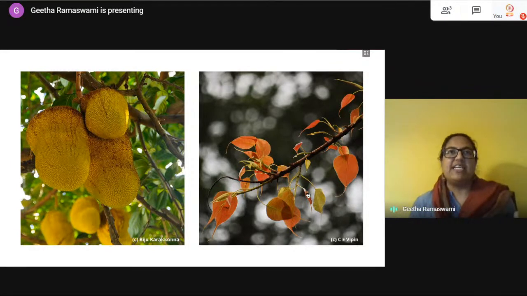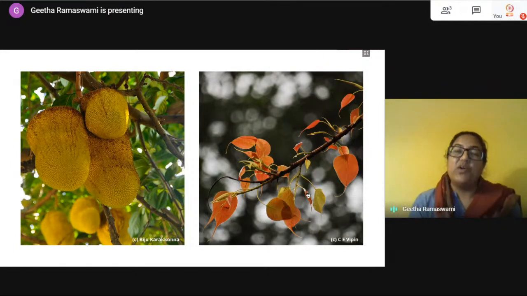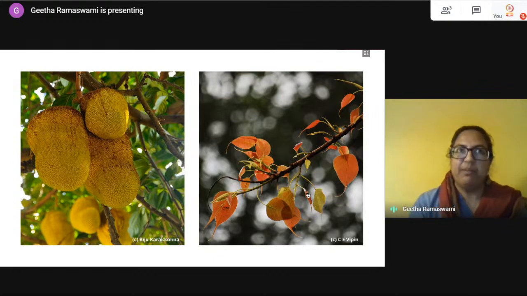So these are just some of the species that we've chosen from a list of several hundreds of tree species that are actually found in India, because these are easily recognizable and easily accessible by people across the country. Now, once you have a tree, what do people do with it?